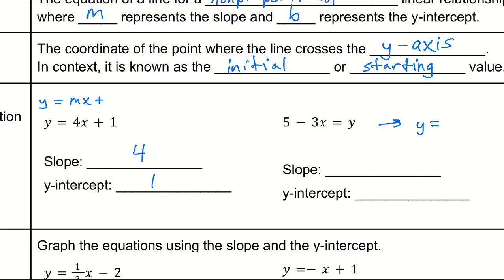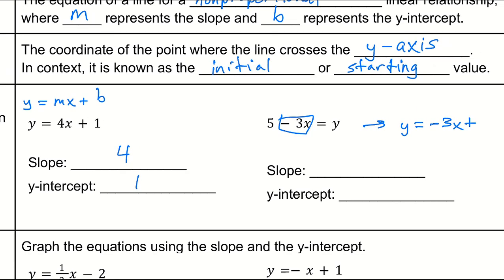I realized over here this needs to be b. I like putting the slope first, and that slope is negative 3x, and then plus 5. So once it's in slope-intercept form, it's pretty easy to identify what we have. Negative 3 would be the slope, 5 would be the y-intercept. Okay, it's pretty straightforward on that.